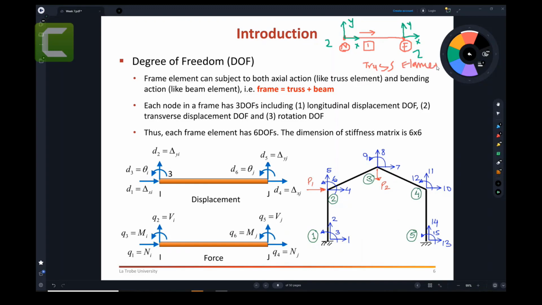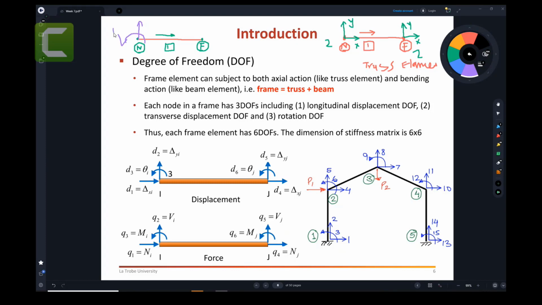Now we have also taken the example of beam elements. Again, it has 2 nodes at the ends, represented as element number 1, with the same arrow representing the near node and the far node. In this case, we used the rotation degree of freedom and the shear or vertical translation degree of freedom.